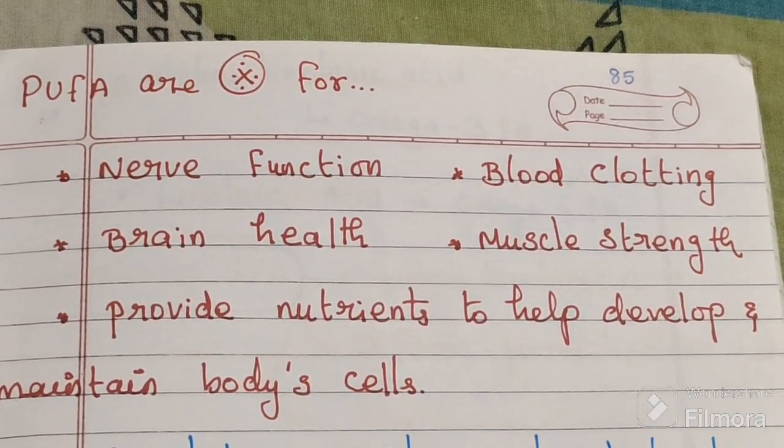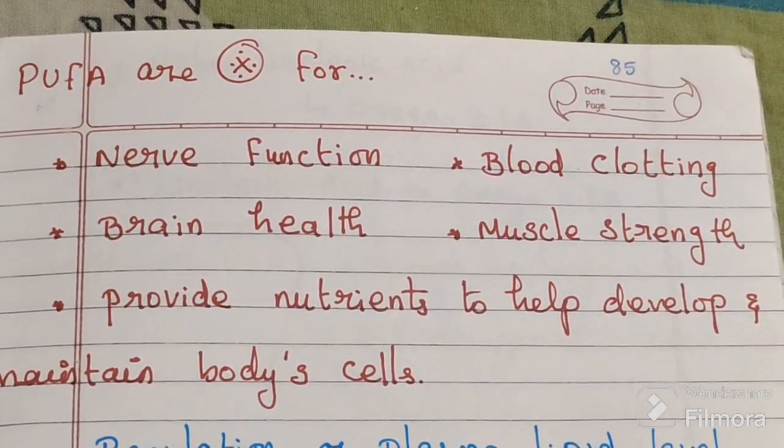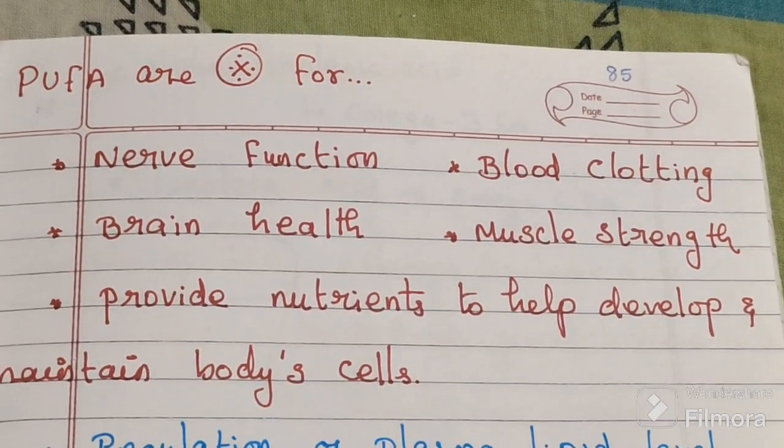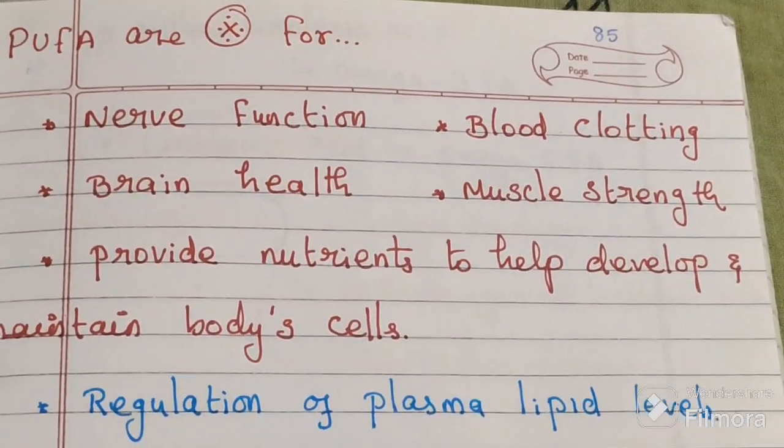Polyunsaturated fatty acids are important for nerve function, blood clotting, brain health, and muscle strength.